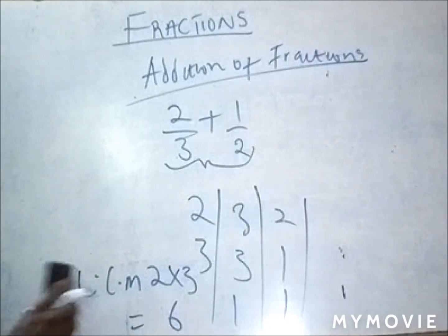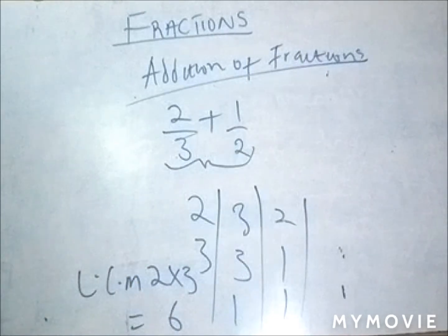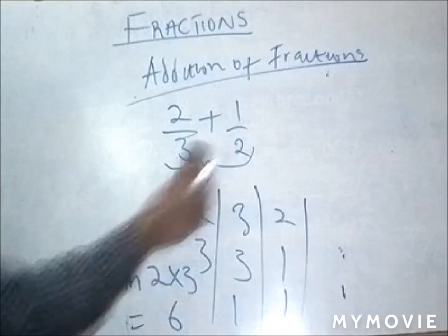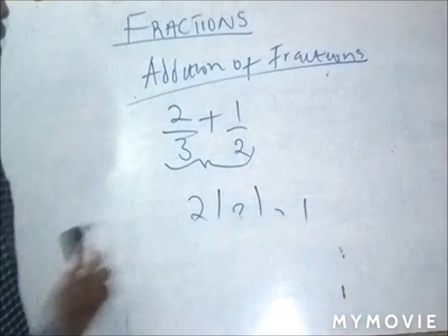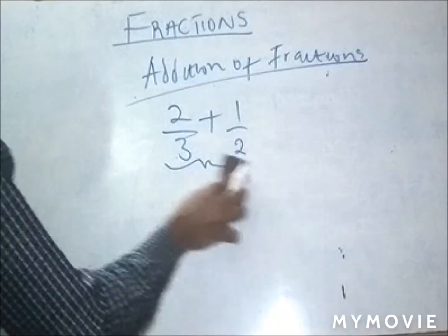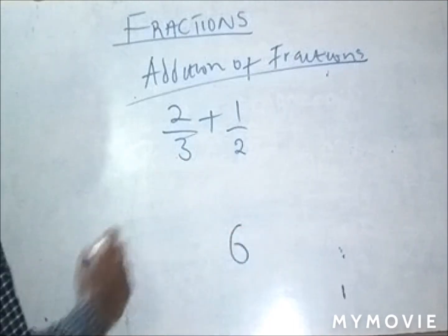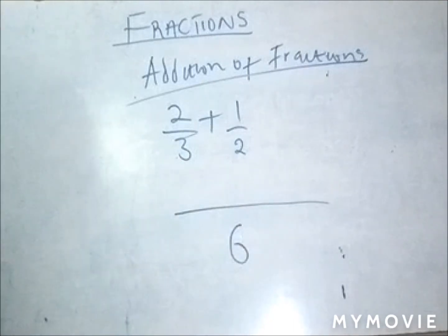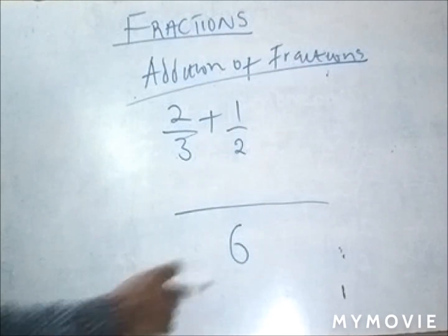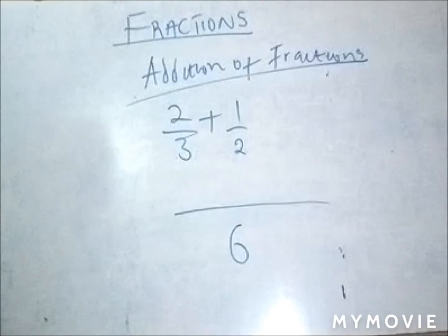When you're adding or subtracting fractions, you need to apply LCM. So we're getting the LCM of 2 and 3, and that is 6. The next thing you're going to do is put the 6 here as the new denominator. Then you divide 6 by 3 and multiply it by 2.